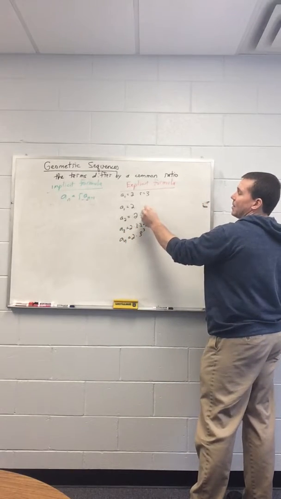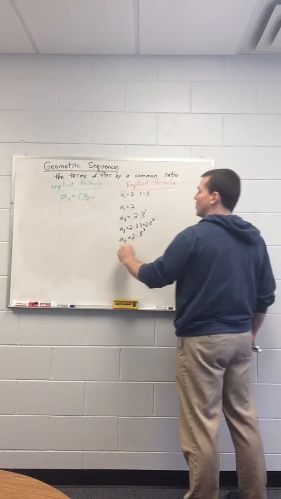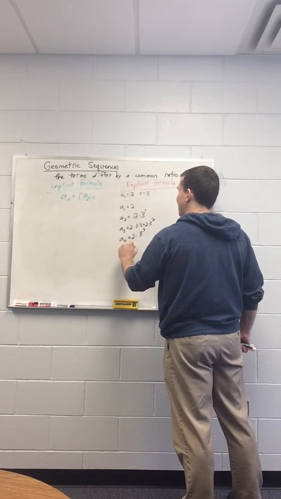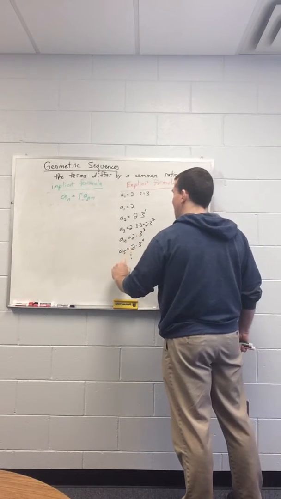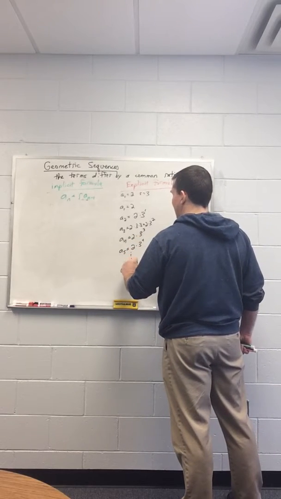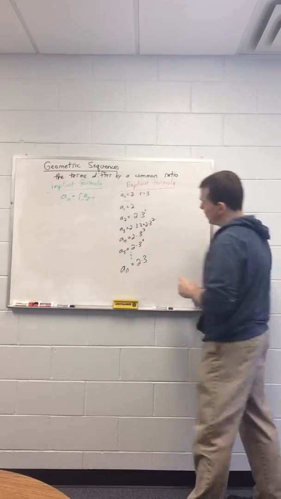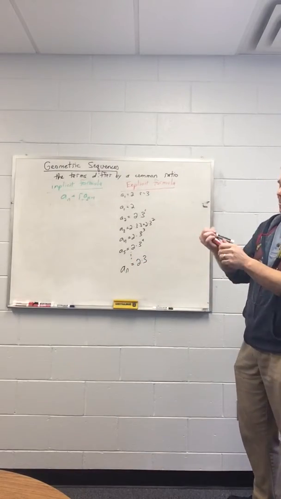We can see the pattern. 3 to the 1, 3 squared, 3 cubed. A sub 5 would be 2 times 3 to the 4th. And if we kept on going in general, a sub n would be 2 times 3 raised to what power?